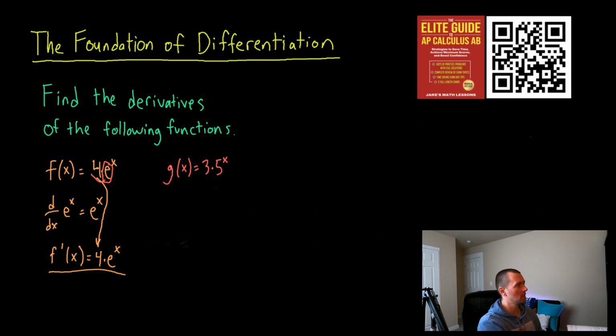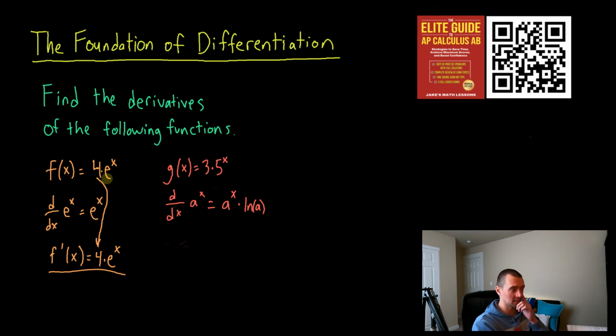With e as the base, the situation was a little bit unique because the derivative of e to the x is just e to the x. But for some other unknown constant, let's call it a, the derivative of a to the x, where a is any constant, would be a to the x times natural log of a. This formula still works correctly even if a is e.